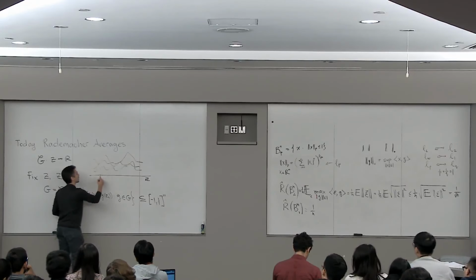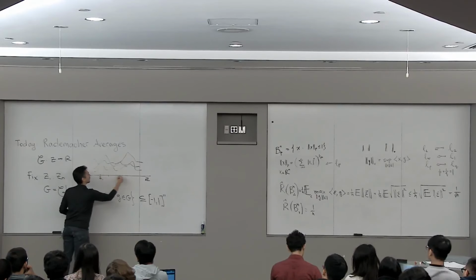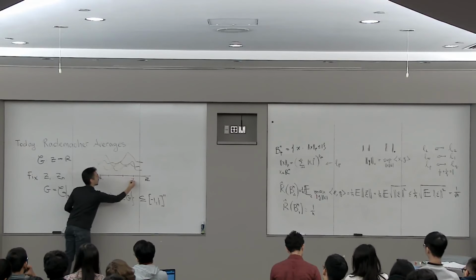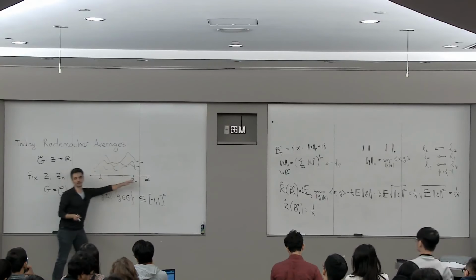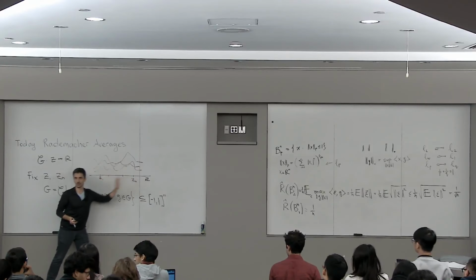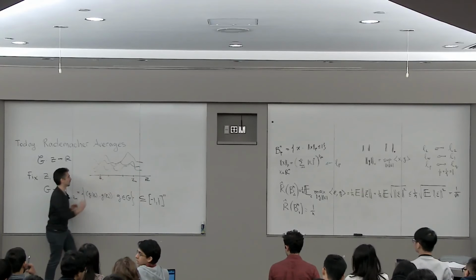Let's say there's Z1, Z2, up to Zn, right? They don't have to be sorted in this way, but just for visualization. So here's one function. This is, let's say, G1. This is the first value. This is the second value. This is the third value. And this is the nth value. That is a vector.